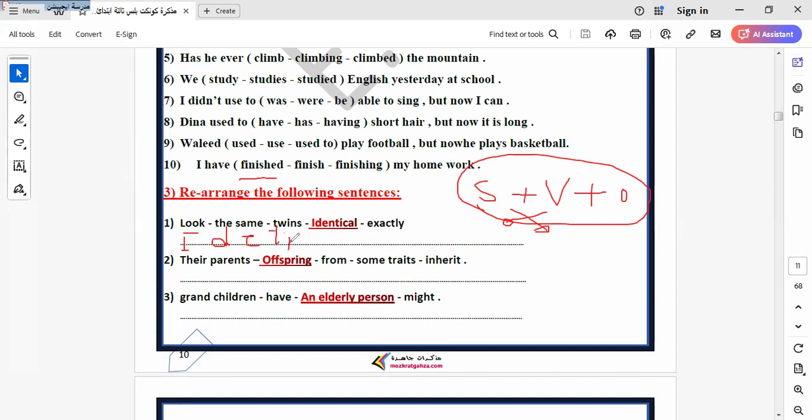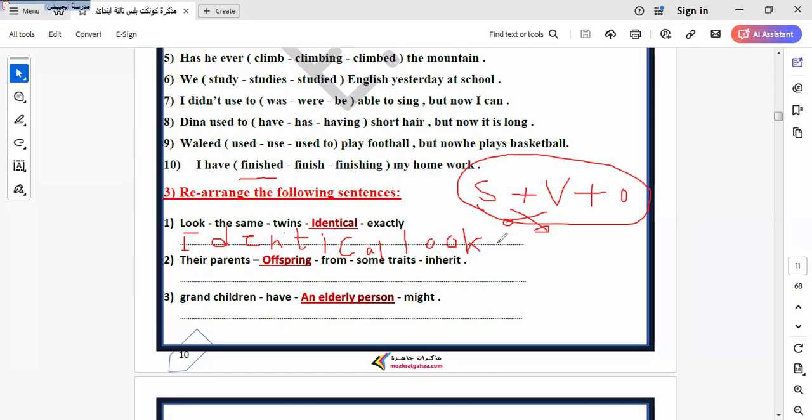Here we have identical. Identical. Look. Here is identical. Look the same.